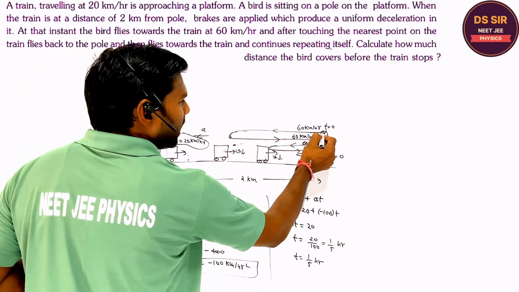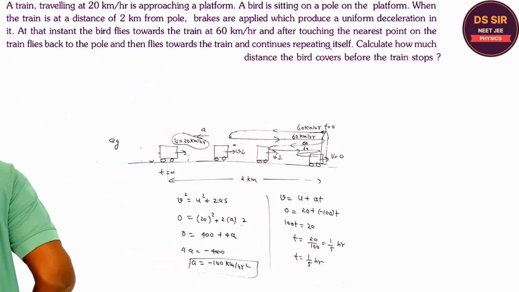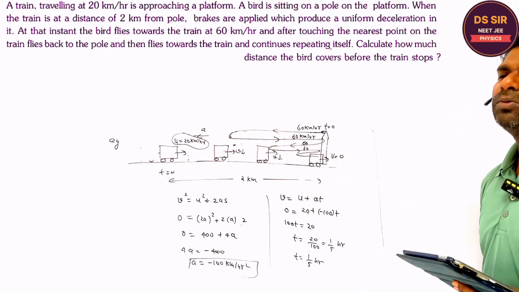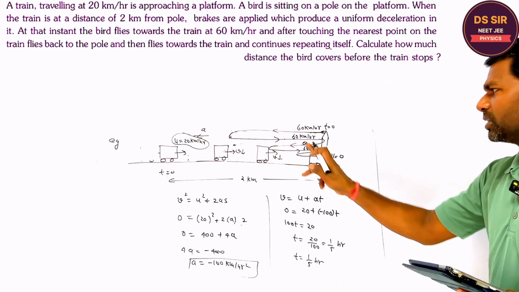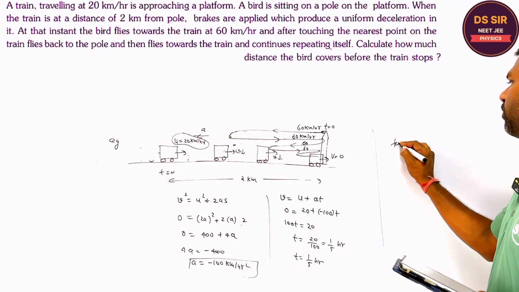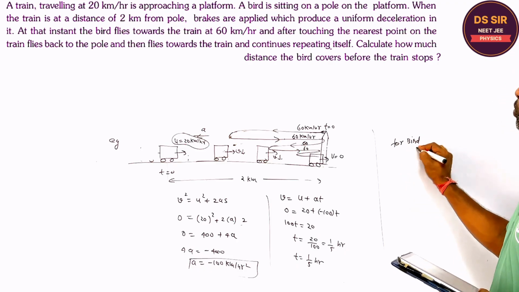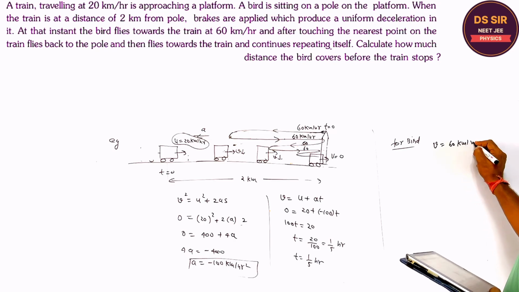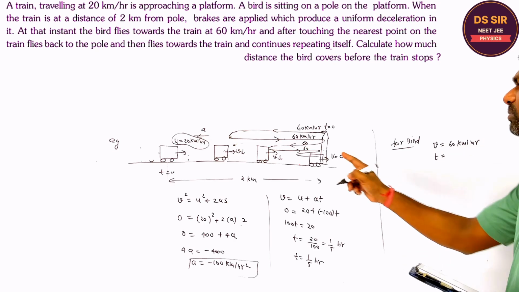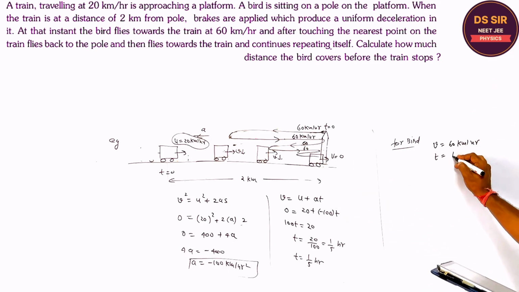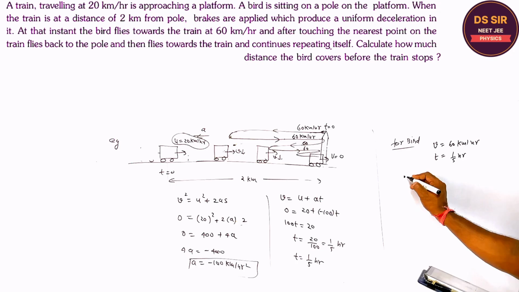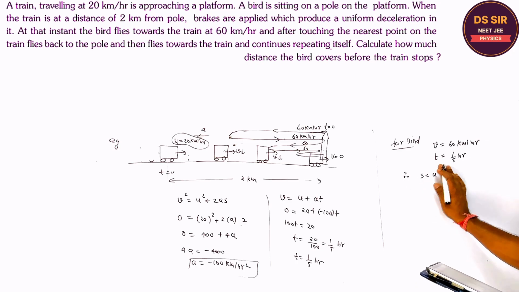And in this time, the bird is continuously moving, right? The bird is continuously moving with the speed 60 kilometer per hour. So for the bird, what is the velocity by which it is moving continuously? 60 kilometer per hour. How much time does it move? 1 by 5 hour. Are you getting or not? So what is the total distance? Therefore, S is equal to vt.